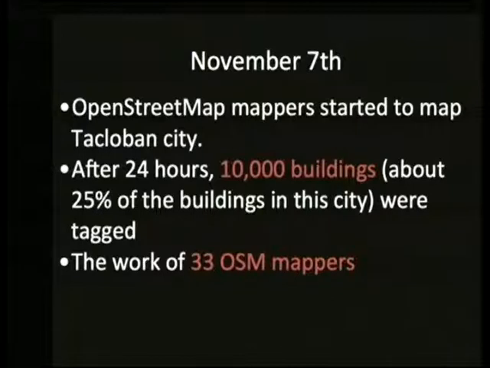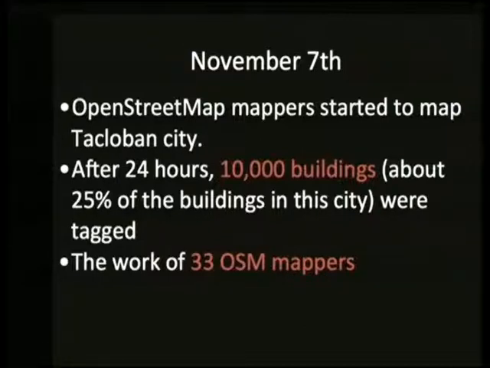Before it hit, they said, well, this looks like it's going to be bad, and people started mapping a couple days beforehand. On November 7th, about 48 hours before, about 10,000 buildings had been mapped in Tacloban.